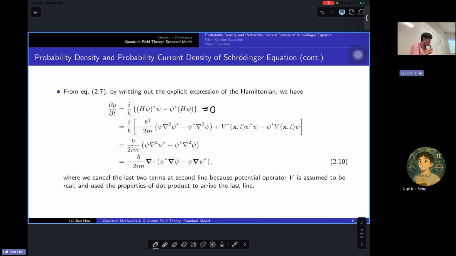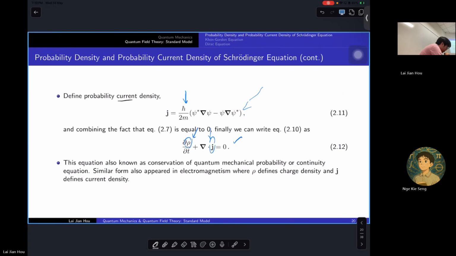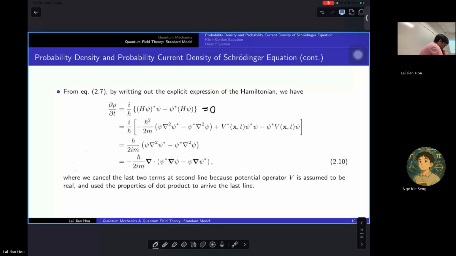And then why do you do the other thing? In 2.12, you just have zero plus zero equals zero. Separately, they are zero already.